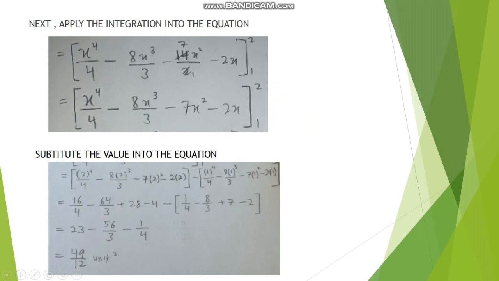Okay, now we are done integrating the function. What we will do next is we will substitute the lower boundaries and the upper boundaries. So this is the result of substituting the lower boundaries and the upper boundaries.